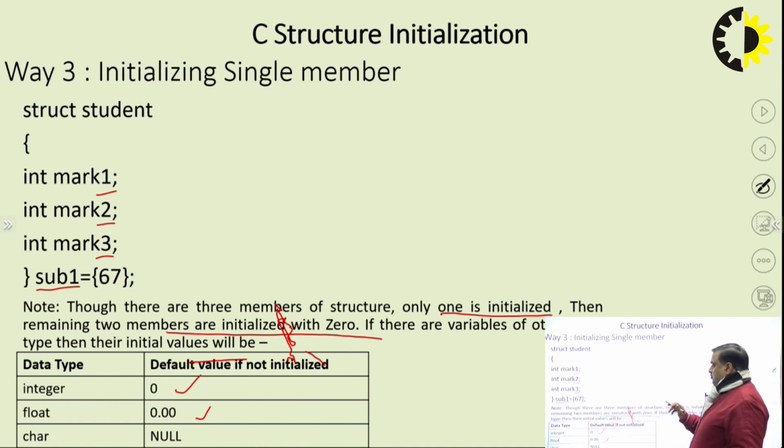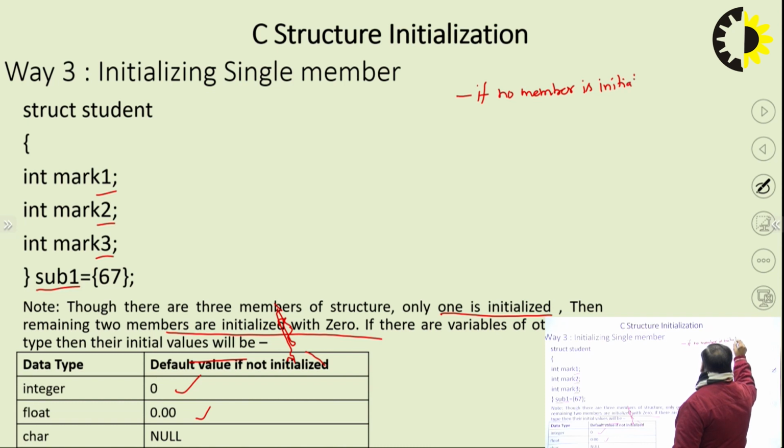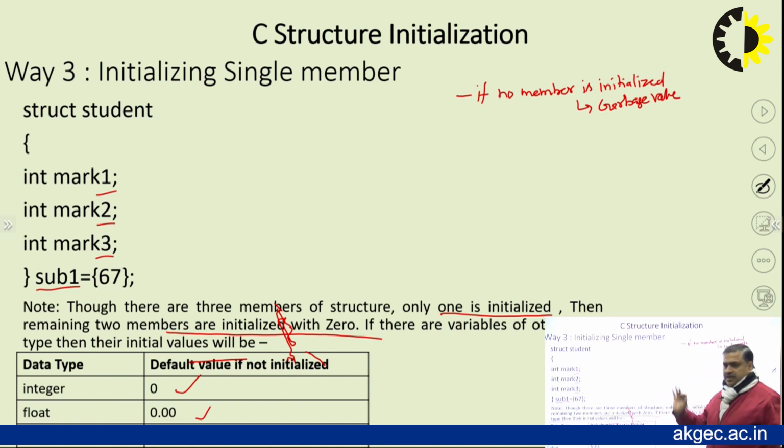What you need to remember here, the point to be noted, is that if no member is initialized, then what will happen? Garbage value. Garbage values will remain there.